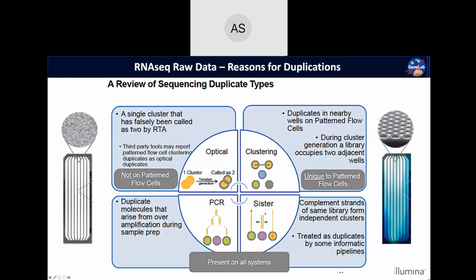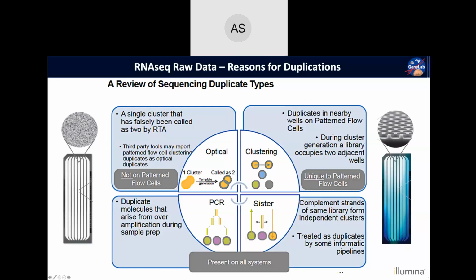So what can happen is that one of those sister strands occupies one of the dimples and another sister strand occupies another dimple. They came from the same original insert from a library, and so those would be considered as two separate sequences when in fact they are the same.